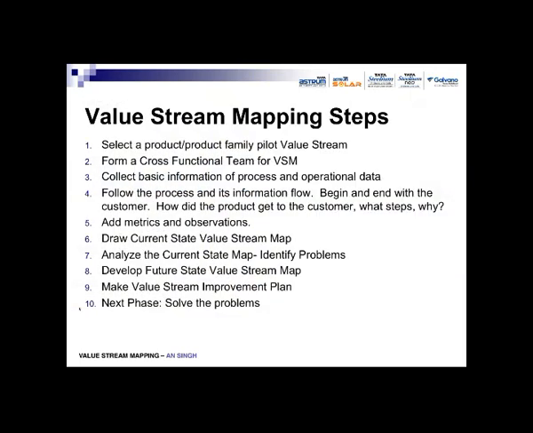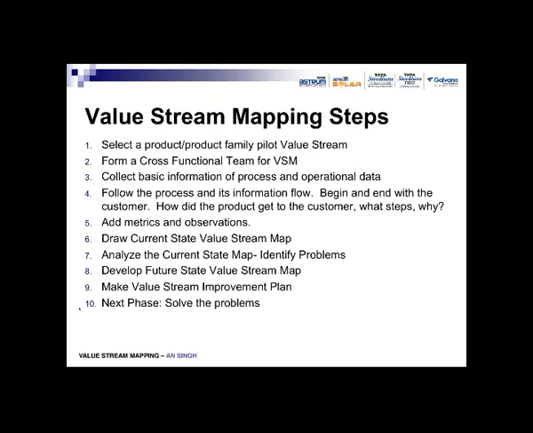So what are the steps generally required to map the value stream? First, you have to select a product or product family, which is known as a pilot value stream, because once you are doing a mapping, it's not done for all the operations and all the product families.